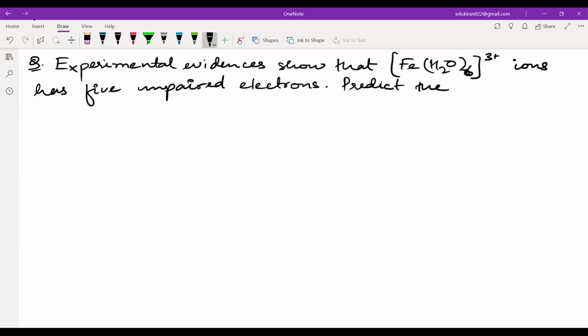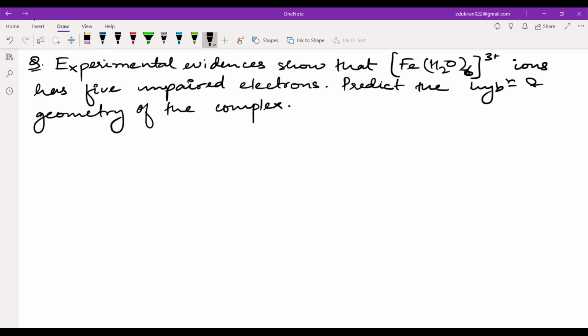Predict the hybridization and geometry of the complex.